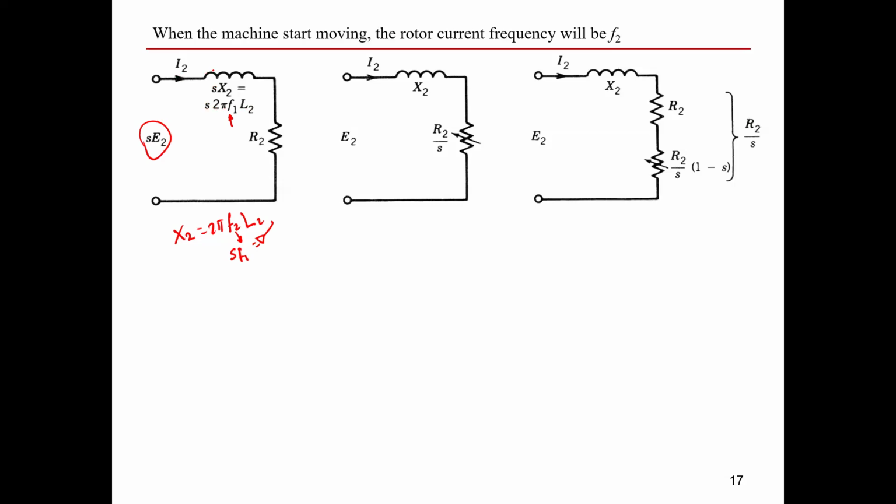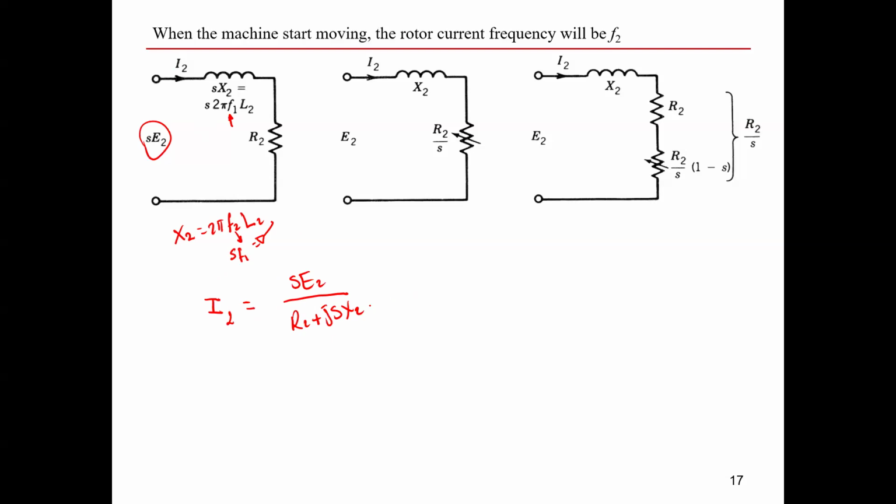I'd like to get the current relation, guys. So for the current relation from the first figure here, I2 is the volt, which is SE2, divided by the impedance of the circuit, which is R2 plus jSX2, but don't forget the j because this is impedance.